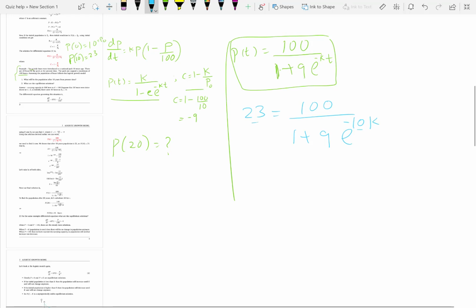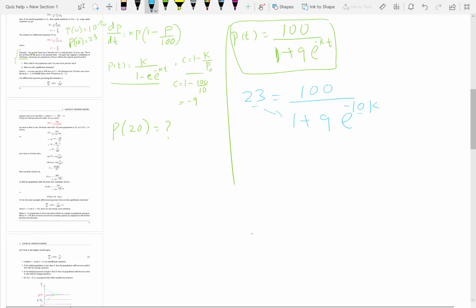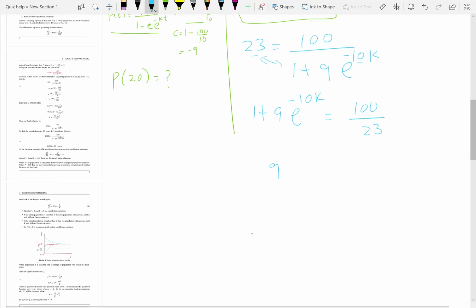So let's solve for k. Let's exchange these two by cross multiplication. We bring 1 plus 9 e to the negative 10k to the left and 23 to the right, so 100 over 23. So 9 e to the negative 10k, let's bring this 1 to the right, so it's 100 over 23 minus 1, which will be 77 over 23.